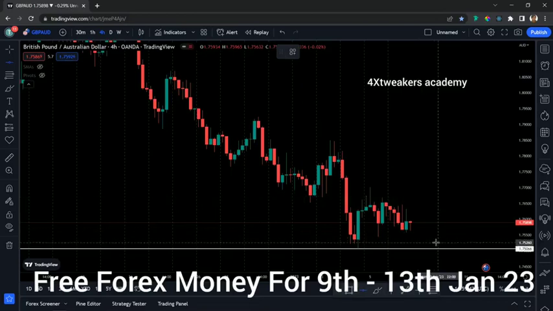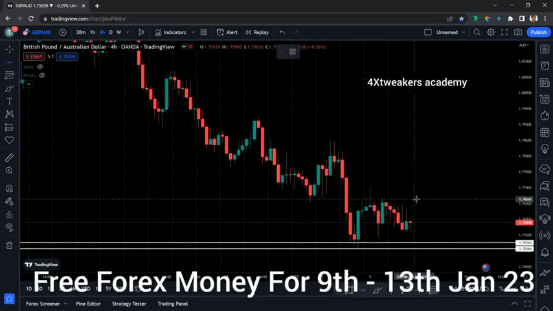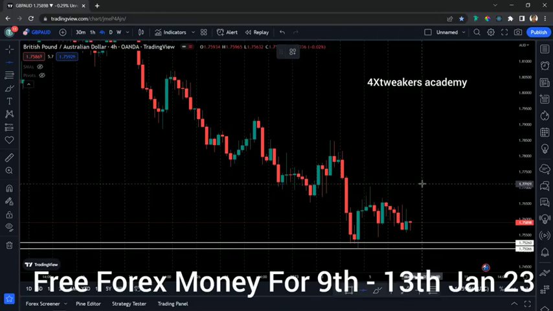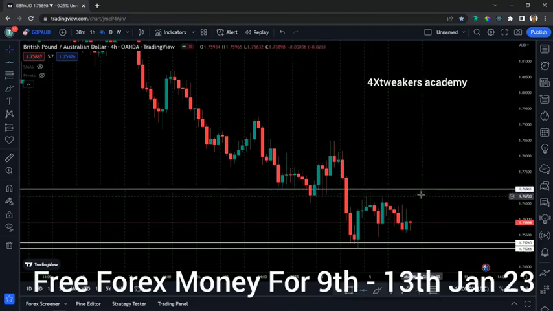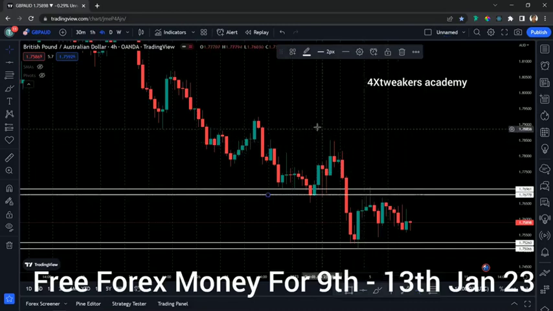So let's go quickly and mark our zone area from 4 hours time frame, which is sometimes called the top-down analysis. Let's go quickly. Okay.